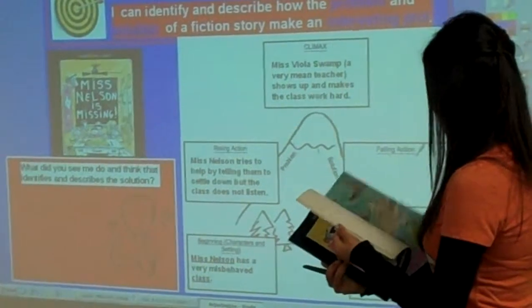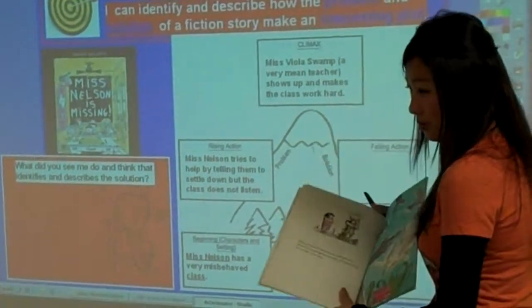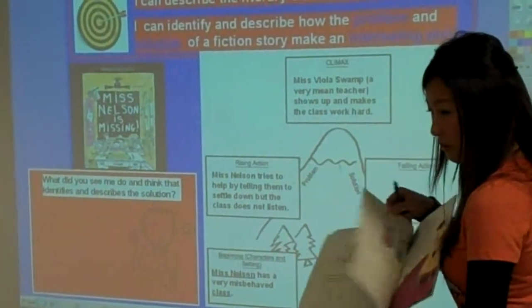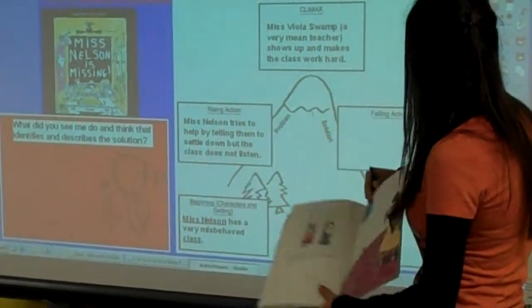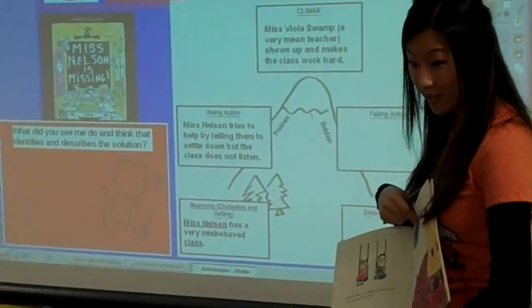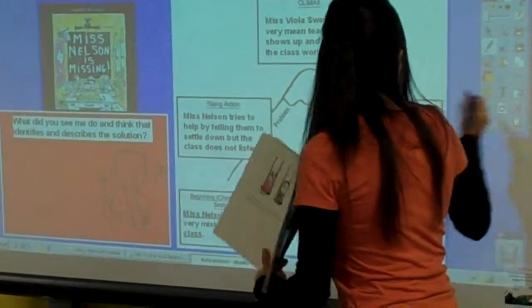But what solves the problem is that the kids really start missing Miss Nelson, right? And then Miss Nelson comes back. Okay? So I'm going to write that part in here.